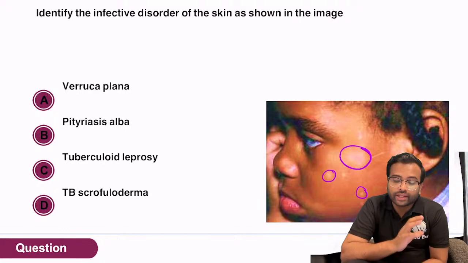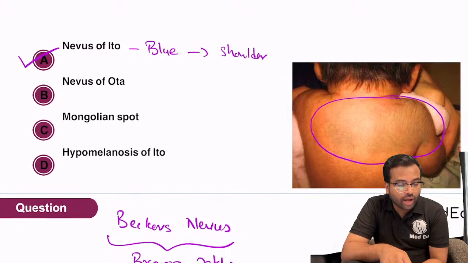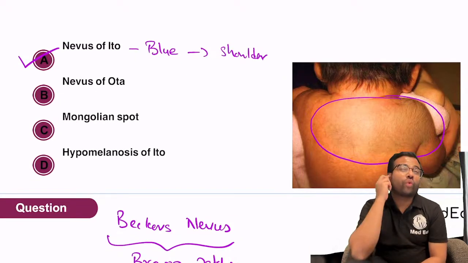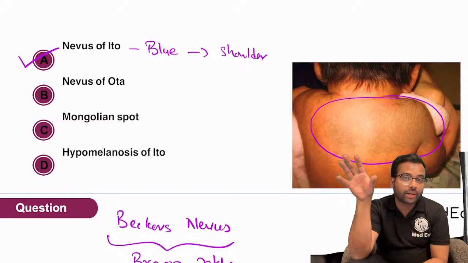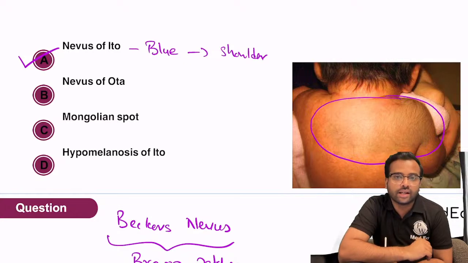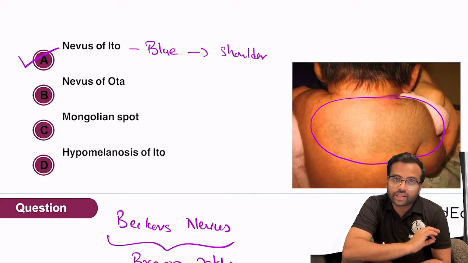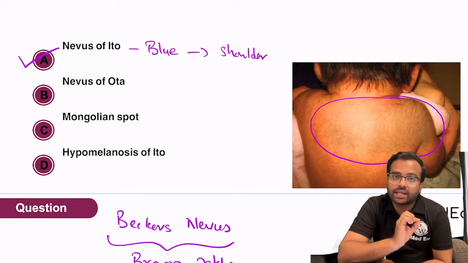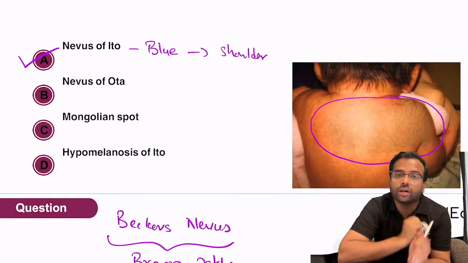See, Rohit, Tyndall effect means, I'll just go back to the previous question. So some of you have got a question. So what happens is, the melanocytes are present in the stratum basale. These melanocytes are derived from the neural crest. So during this journey from the neural crest to the stratum basale, these melanocytes sometimes may get trapped in the dermis.